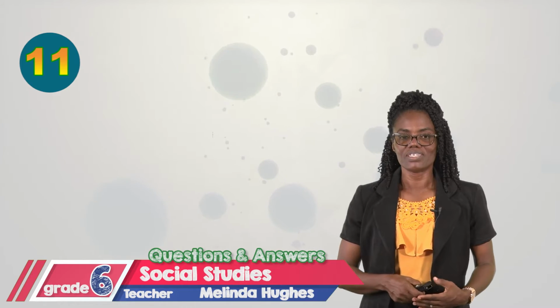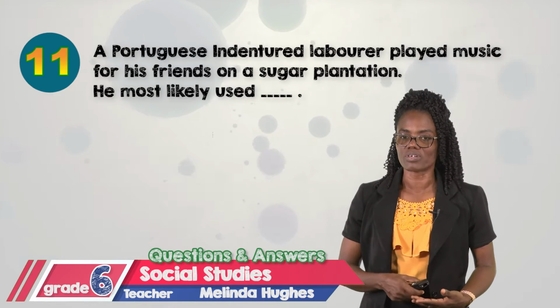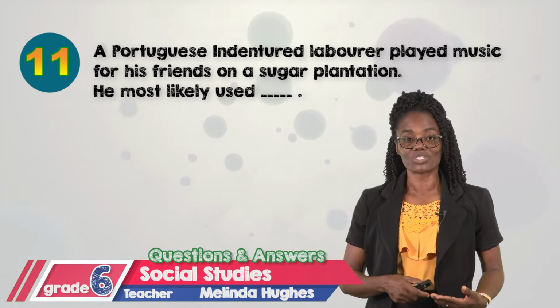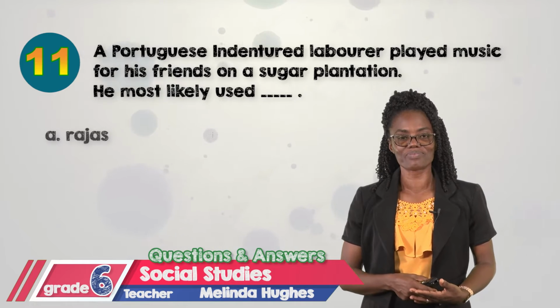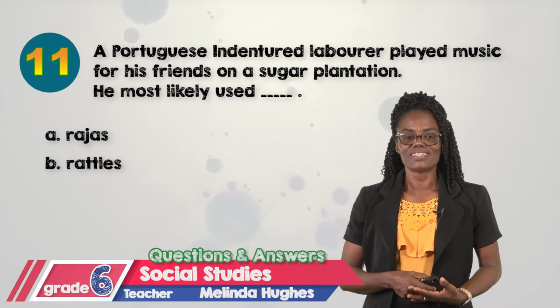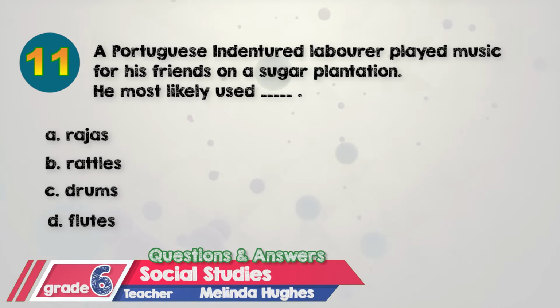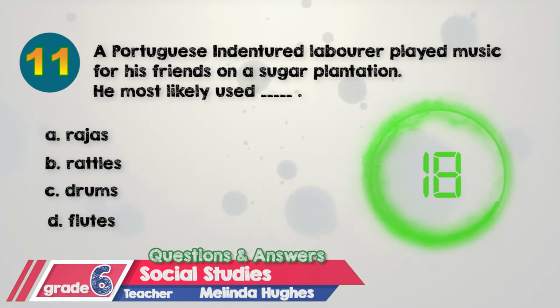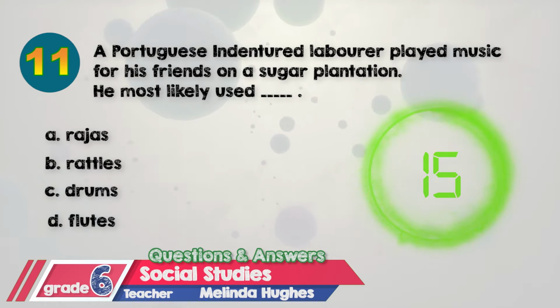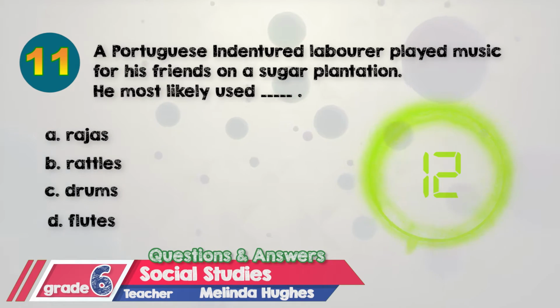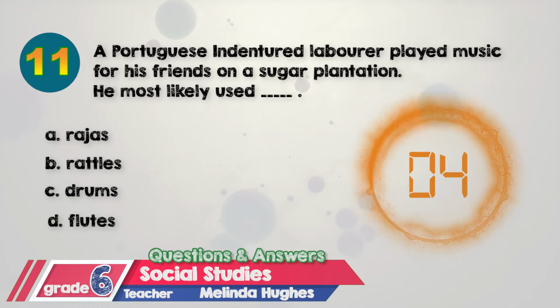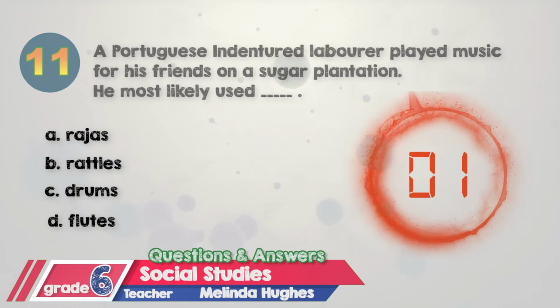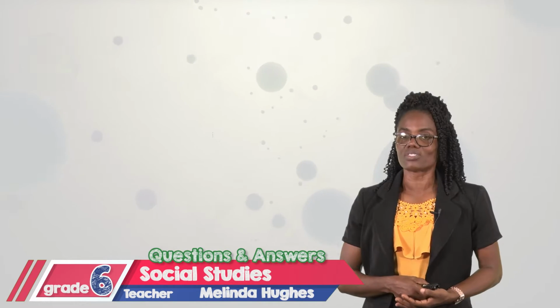Question 11. A Portuguese indentured laborer played music for his friends on a sugar plantation. He most likely used A, B, C, or D. Question 12.